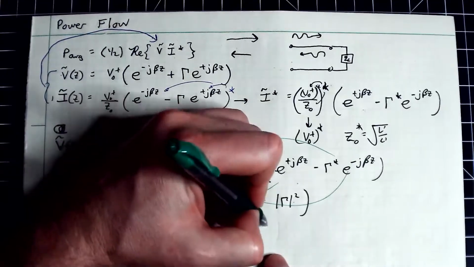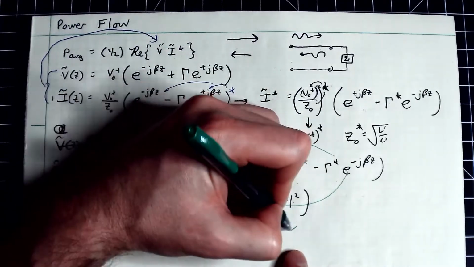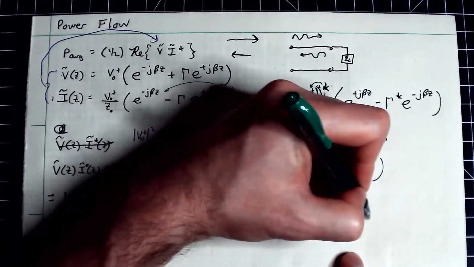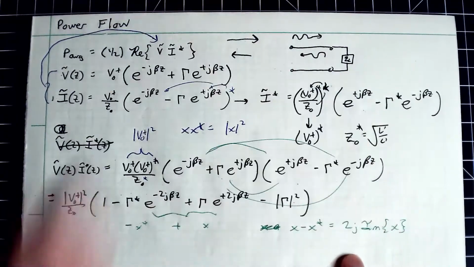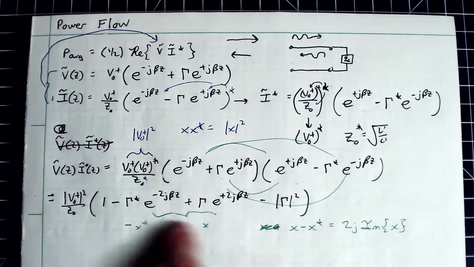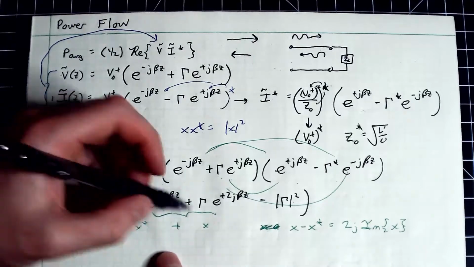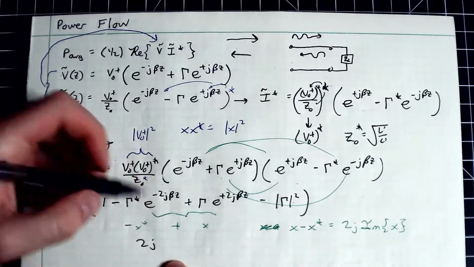So if I have anything of the form x minus x conjugate, what I will get is 2j times the imaginary component of x. Okay? So keep that in mind. I'm just going to leave that as x. So what we'll have is essentially 2j.